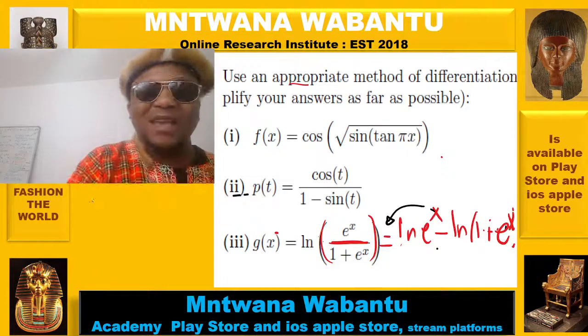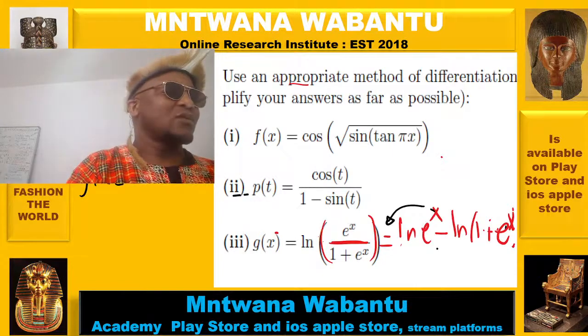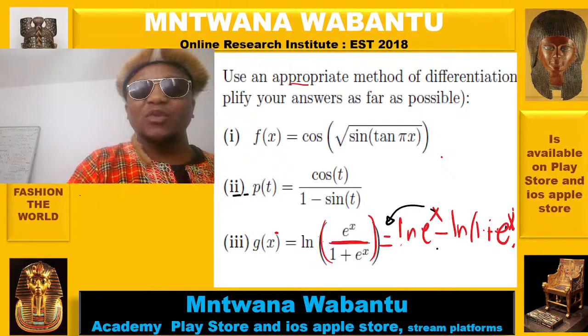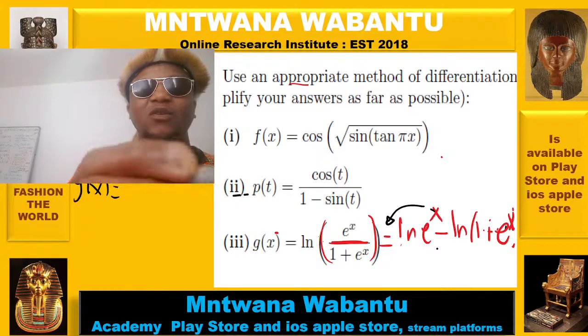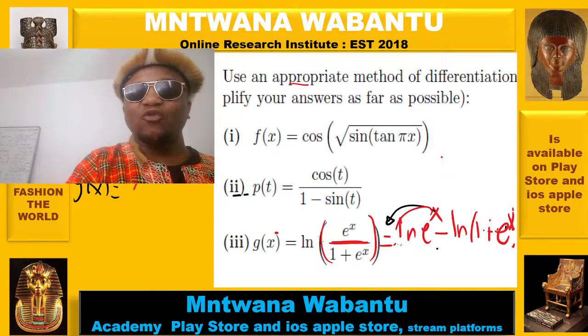So I can simply write that this is going to become our g of x. So g of x equals what? x ln of e, because it went behind here. We have that rule I explained, x ln of e, because we can take it behind.